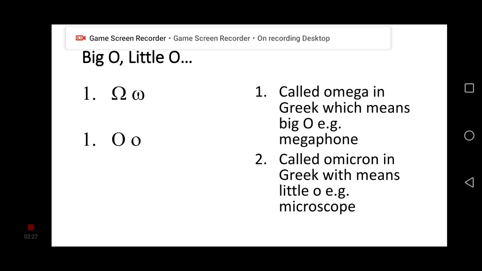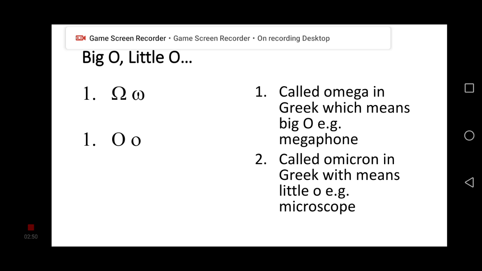So let's have a little look at new letters for this week. And I'm going to look at big O and little o. Big O is at the top, the omega there. And it's called omega. Mega means big, like megaphone, big voice. And then you've got the omicron, which is little o. Micro is little.